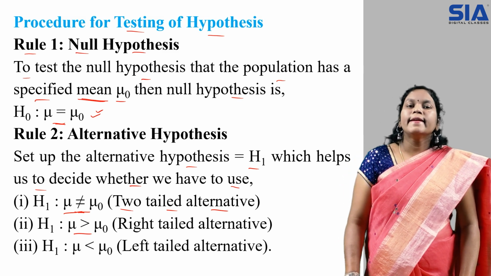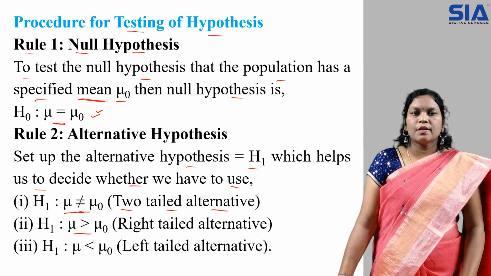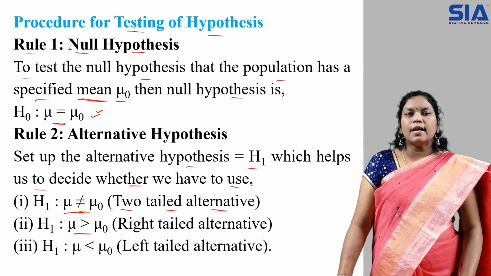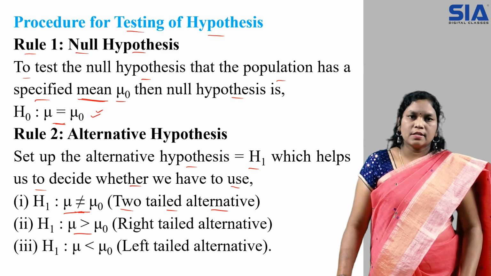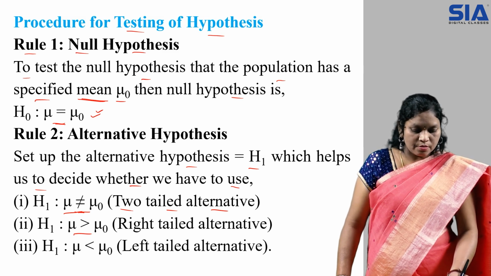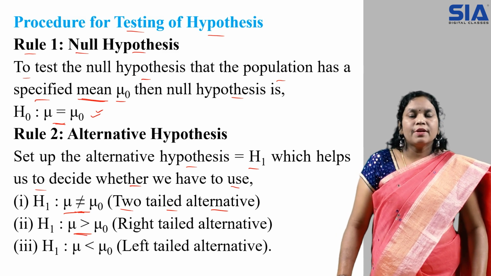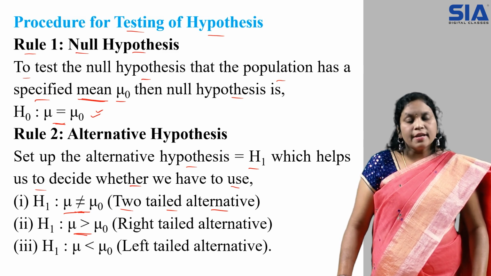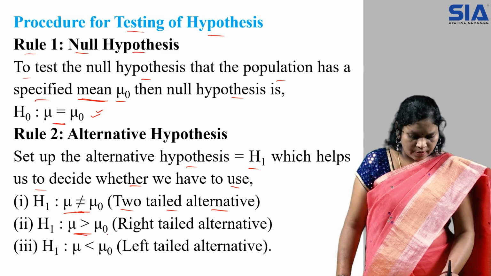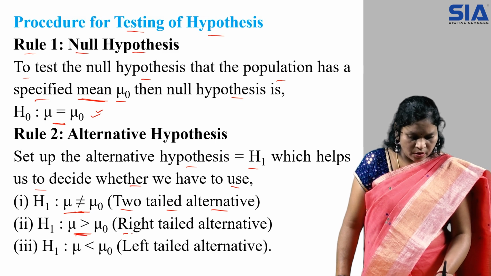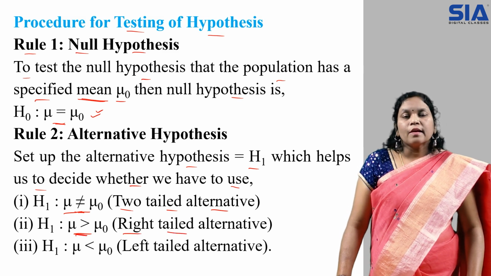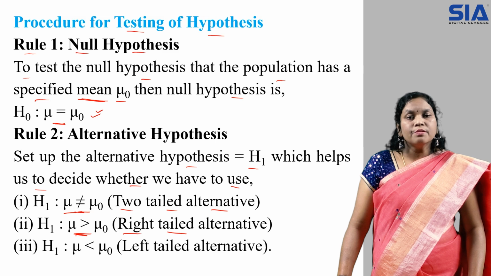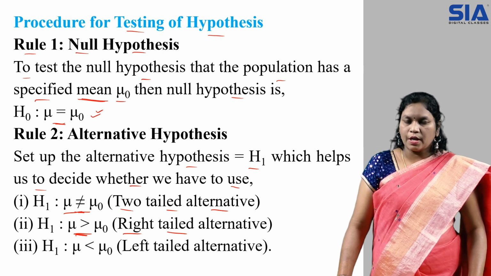If somewhere in the question they mention comparing the data as a greater one, we have to write the alternative as mu greater than mu naught. And whenever it is greater than, we'll get the curve as right tailed. So whenever you get the greater than symbol, we'll call it a right-tailed test or right-tailed alternative. So that will be specified in the alternative hypothesis.